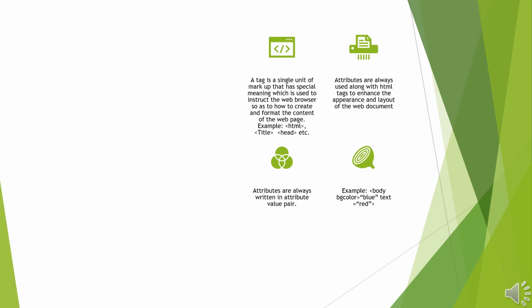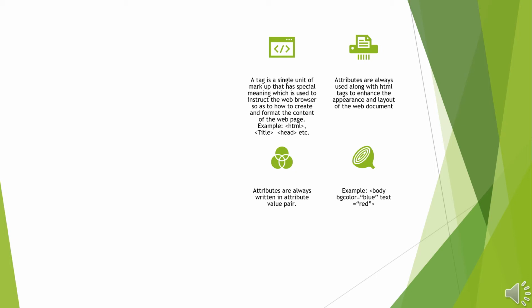That is, body with different background color or body with different background image, or body having different text color. All that can be given using the attributes of the body tag. Not all tags have attributes, but most of them do.